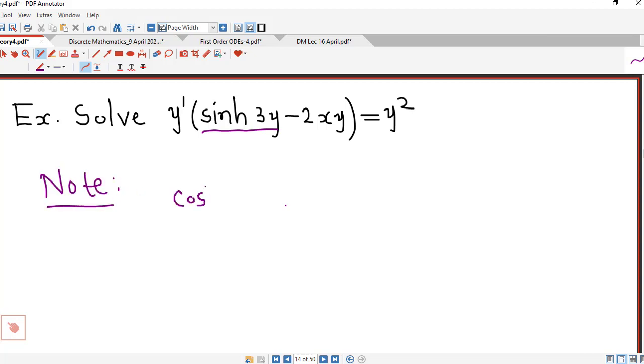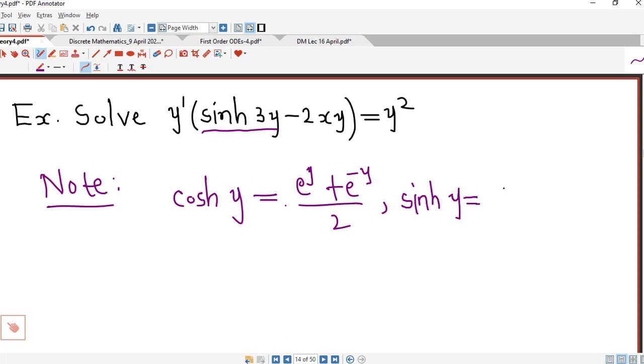We can write cos hyperbolic y is defined as e raised to y plus e raised to minus y divided by 2, and sine hyperbolic y is defined as e raised to y minus e raised to minus y divided by 2.